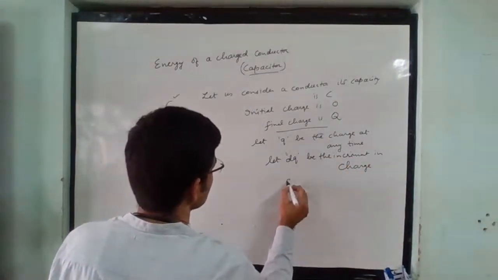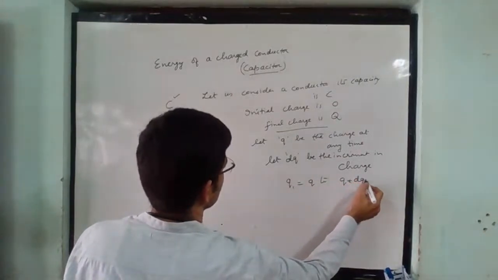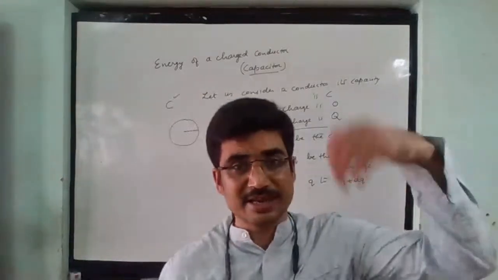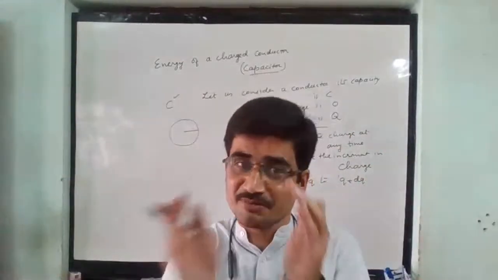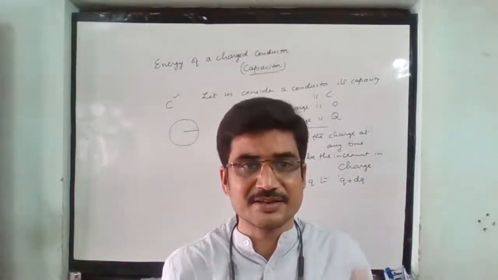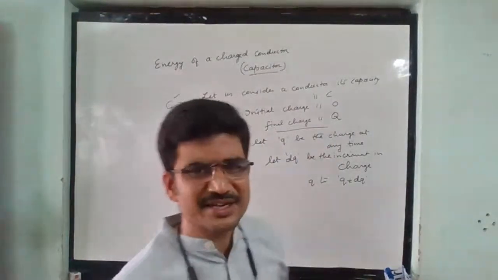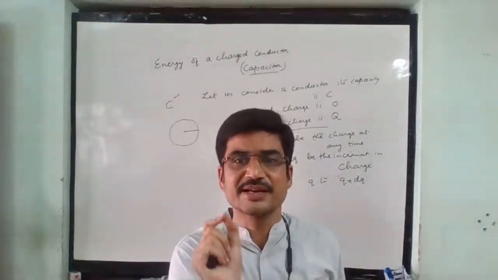It means it is charged from q to q plus dq. Initially, at the absolute beginning, it is 0, but final is capital Q. In the meantime, the charge is small q, and we are just taking a small increment, delta q, that is dq.